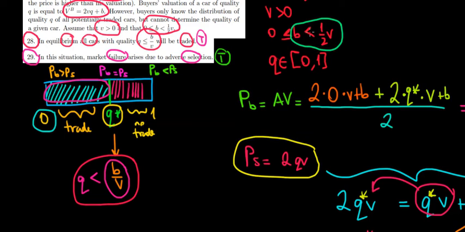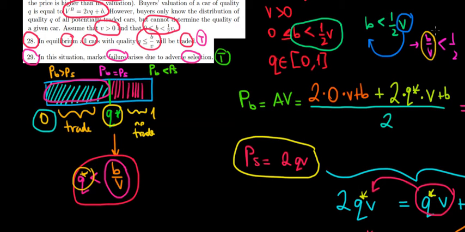Now let's work out the math a bit over here. If B is less than 1 over 2V, then if we take V to the other side, it means that B over V would be less than 1 over 2. In other words, what is B over V? We just saw that it would be the equilibrium quality.